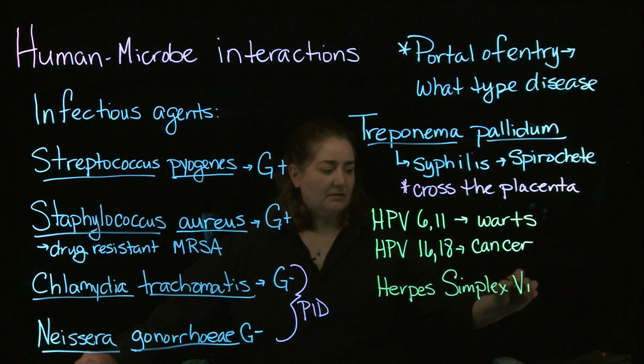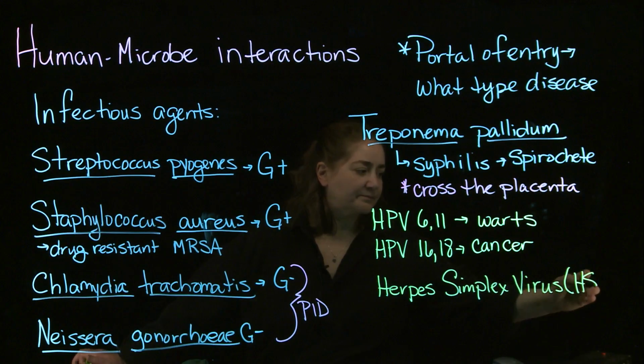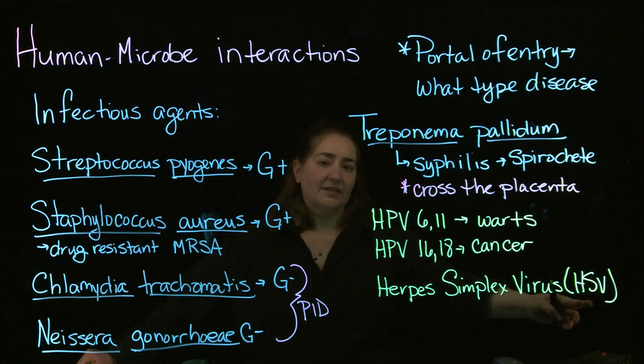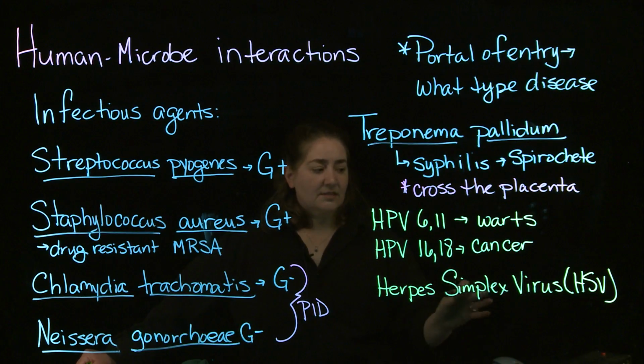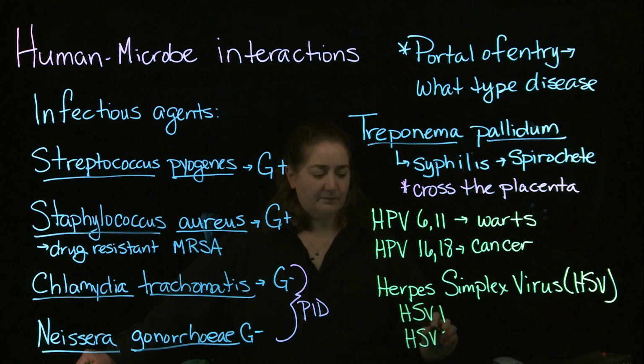is going to be the herpes simplex virus. All right, it's easy to get these two confused, HPV versus HSV, okay? They cause very different things. Herpes simplex virus, we've got two types.